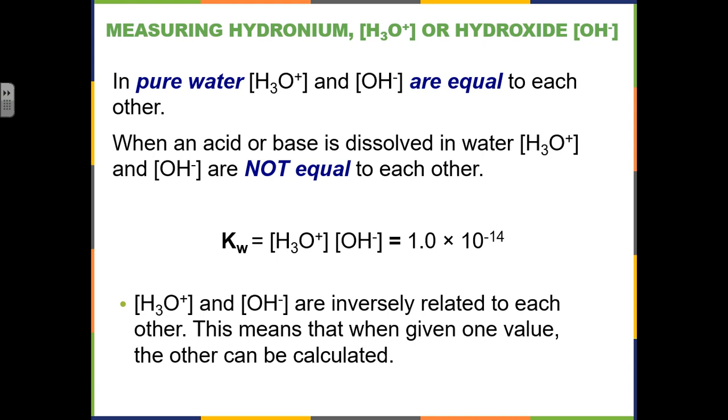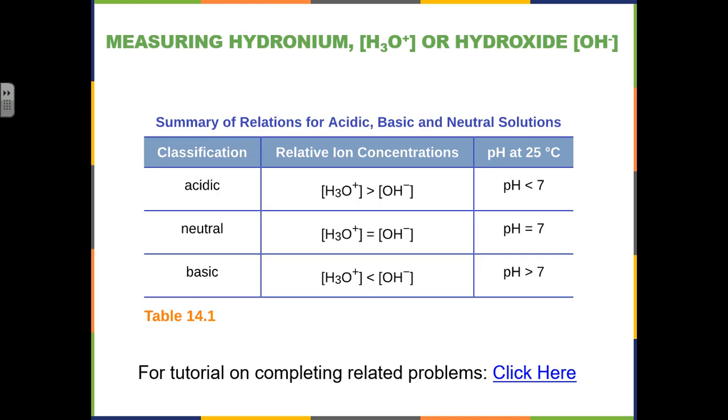That's based on Kw, which is a constant equal to 1.0 times 10 to the negative 14. There's an inverse relationship between hydronium and hydroxide concentration: as the hydronium concentration increases, the hydroxide concentration decreases, and as the hydroxide concentration increases, the hydronium concentration decreases.